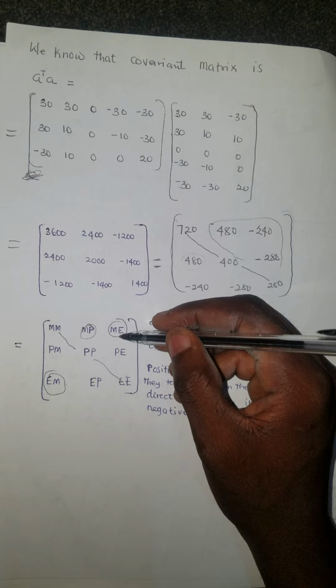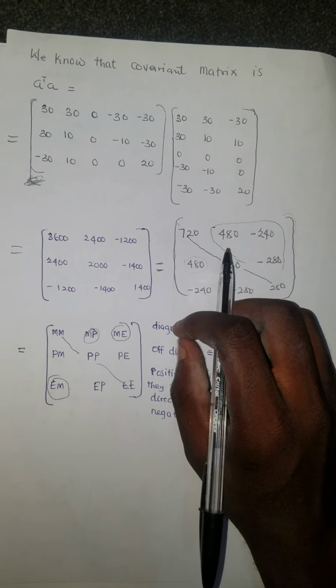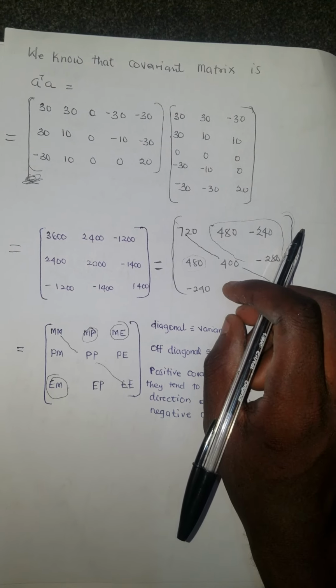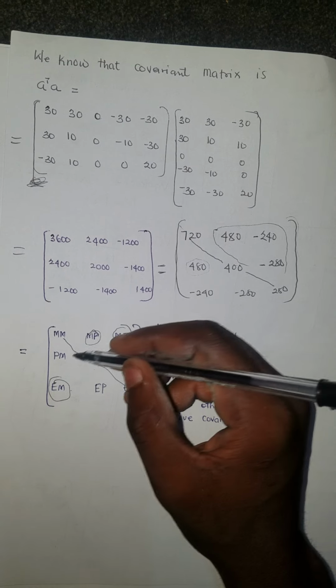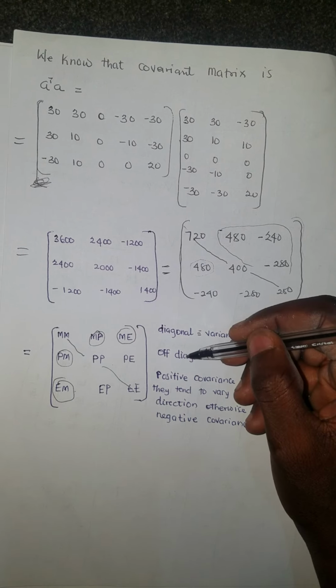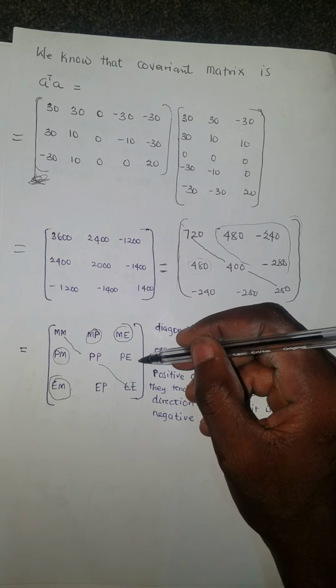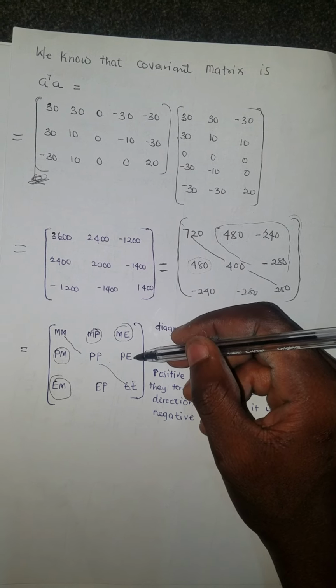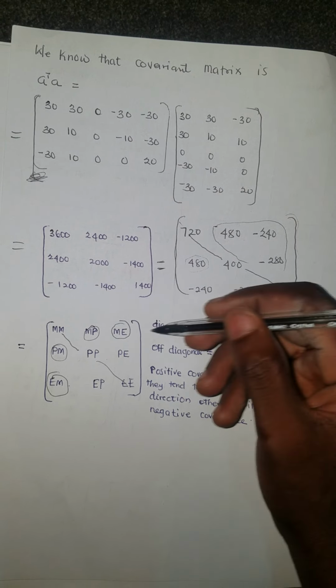So it's just a commutative property. This is the same as this. The covariance of physics and mathematics is just the same as the covariance of mathematics and physics.